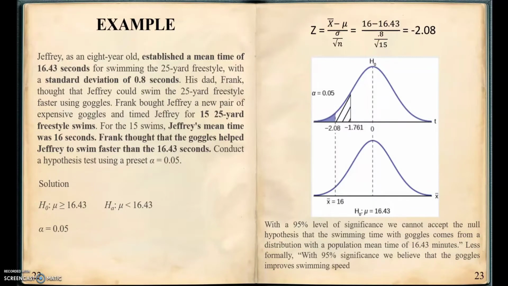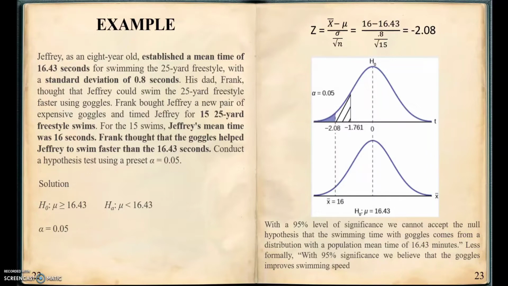Jeffrey, as an 8-year-old, established a mean time of 16.43 seconds for swimming the 25-yard freestyle, with a standard deviation of 0.8 seconds. His dad, Frank, thought that Jeffrey could swim the 25-yard freestyle faster using goggles. Frank bought Jeffrey a new pair of expensive goggles and timed Jeffrey for 15 25-yard freestyle swims.